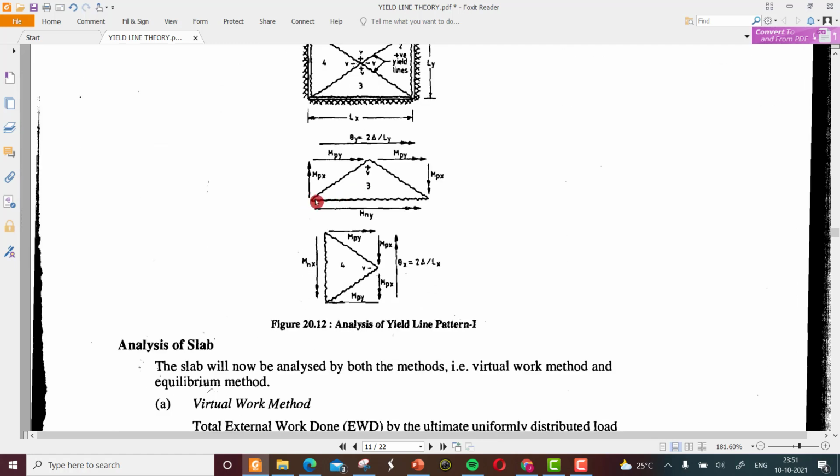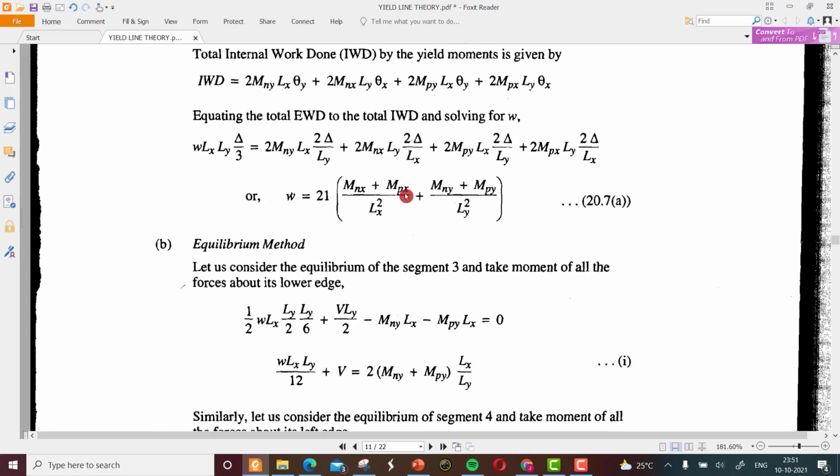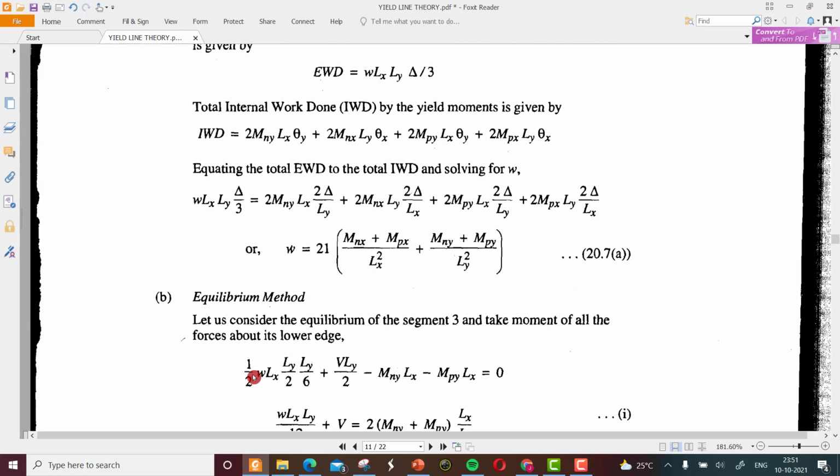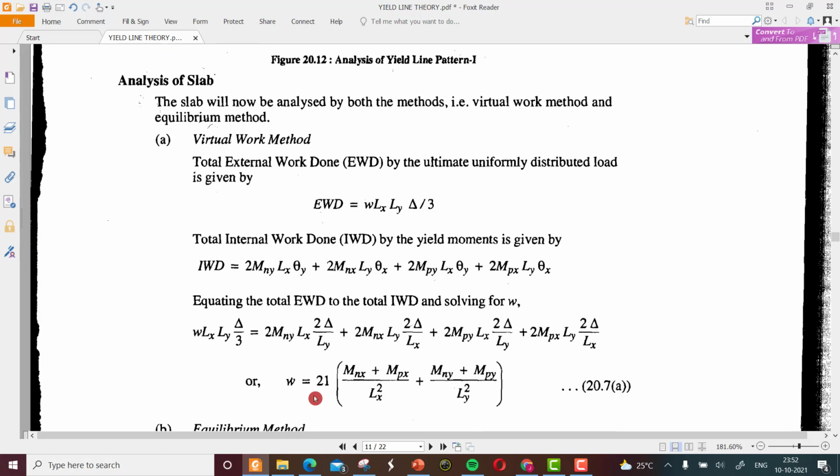So that will be equal to half into W Lx into Ly by 2 into Ly by 6.